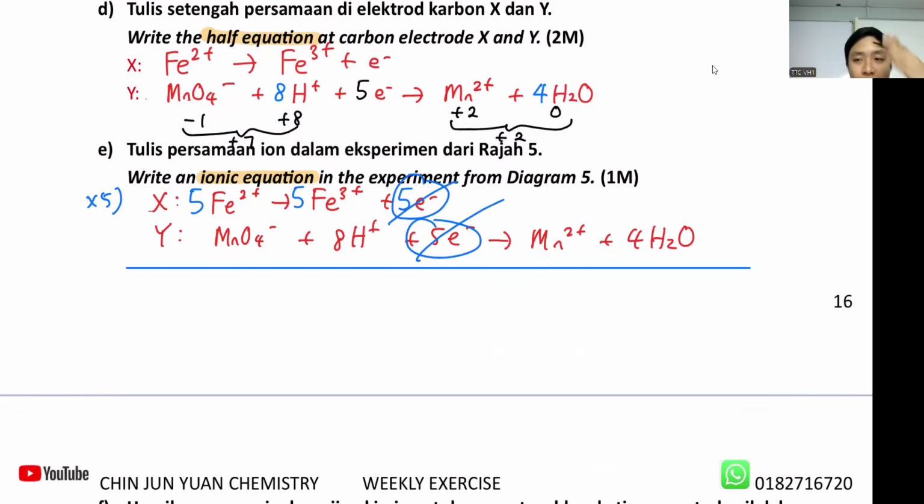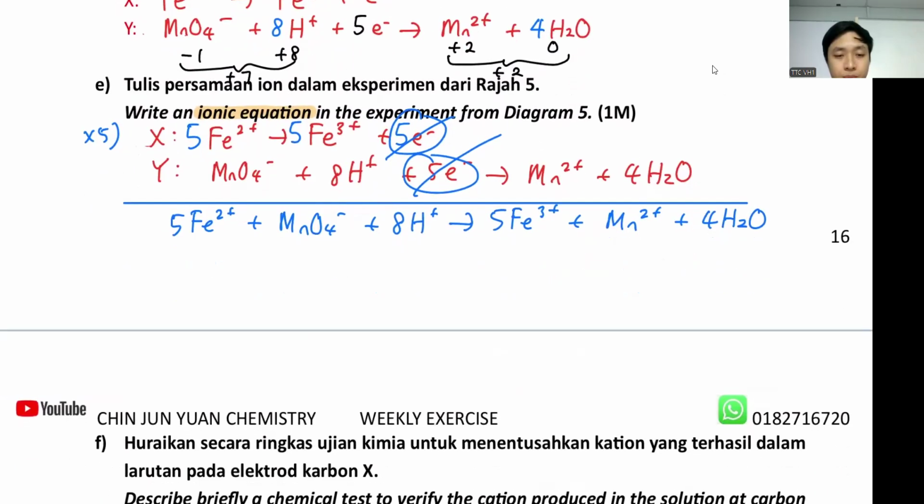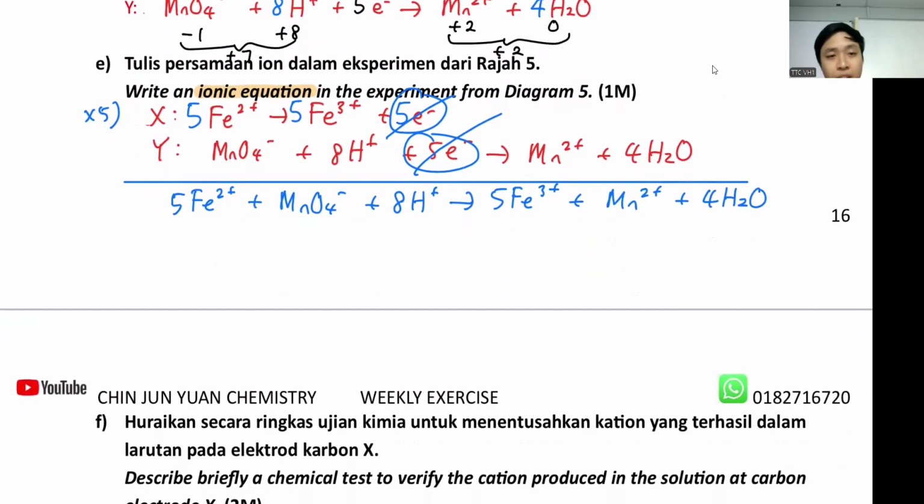Before the arrow, you write 5 Fe2 plus, MnO4 negative, plus 8 H plus. After the arrow, you got 5 Fe3 plus, Mn2 plus, 4 H2O. Okay, this is our final equation.